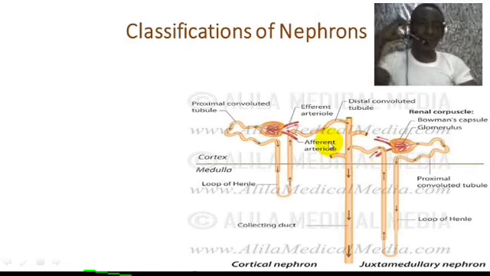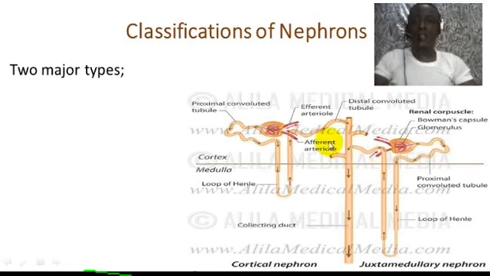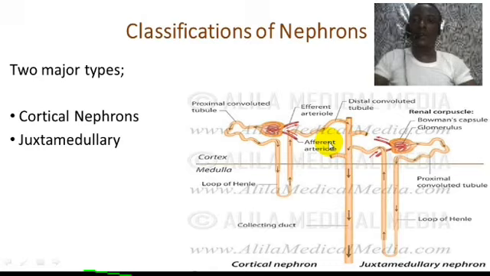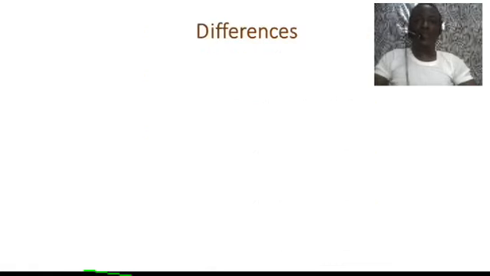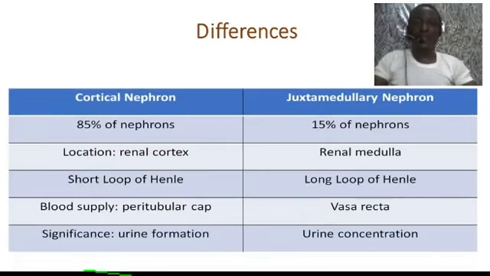Classification, so types of nephrons. Basically, there are two major types of nephrons. The first one is the cortical nephrons, and the second is the juxtamedullary nephrons. The differences between the cortical and the juxtamedullary nephrons are displayed on the table you are seeing on your screen.